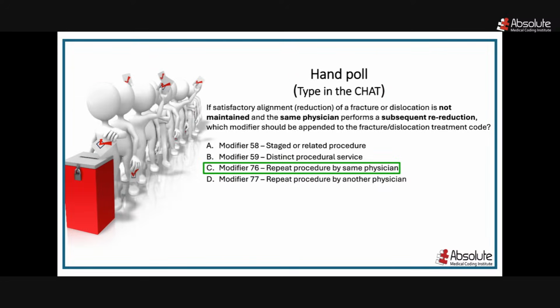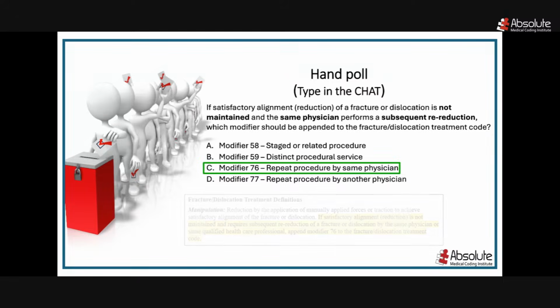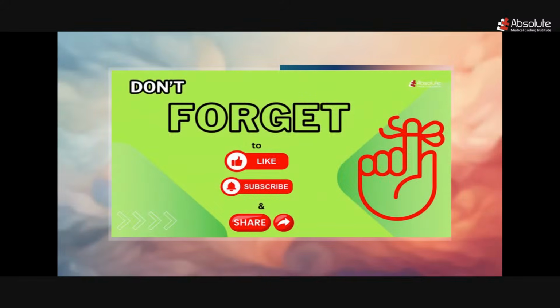If a satisfactory alignment is not maintained and requires a subsequent re-reduction of the fracture or dislocation by the same physician or same qualified healthcare professional, you have to append a 76 modifier to the fracture or dislocation treatment codes. Fantastic job, coders. You all nailed the fracture coding.